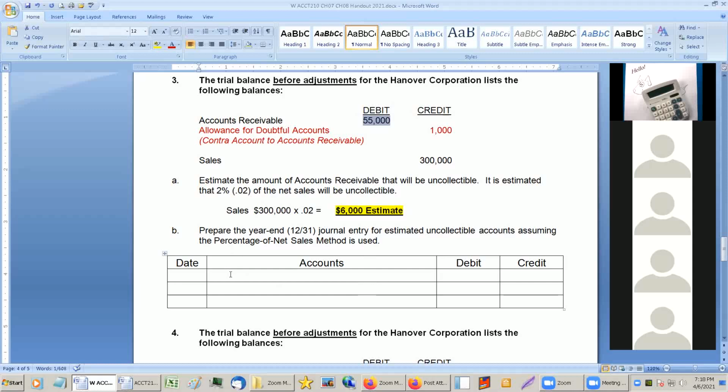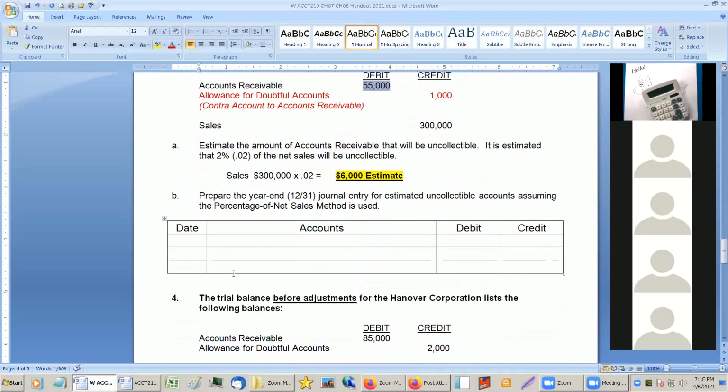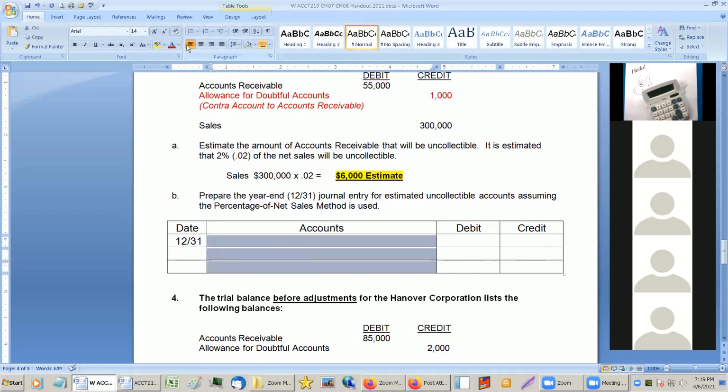Okay, so this is the journal entry, 12/31. So we'll have uncollectible account expense, sometimes called bad debt expense. I can't remember what the book uses. Anyway.